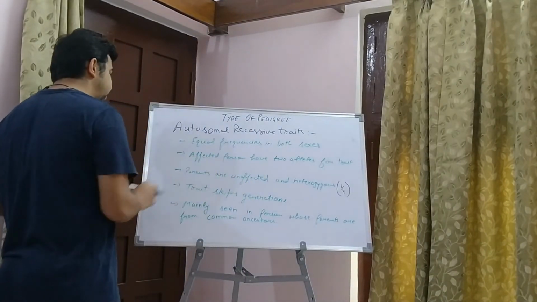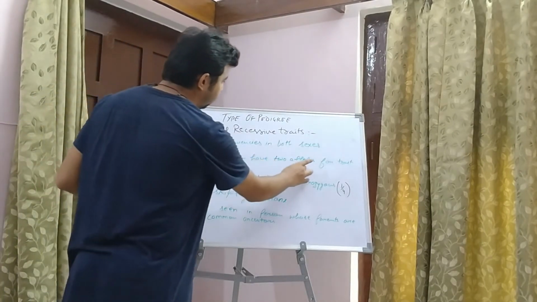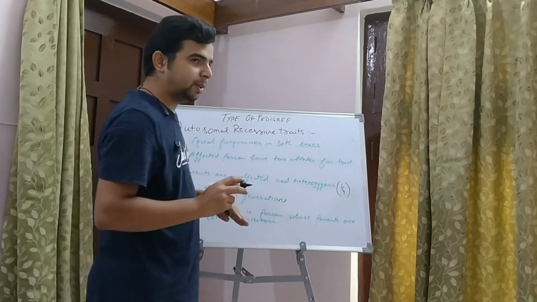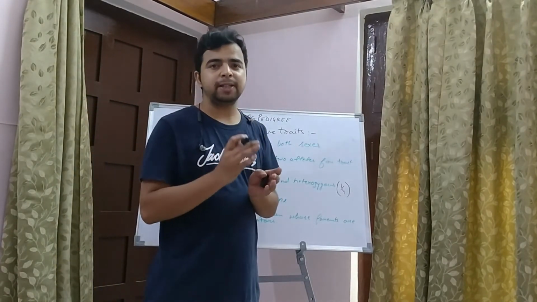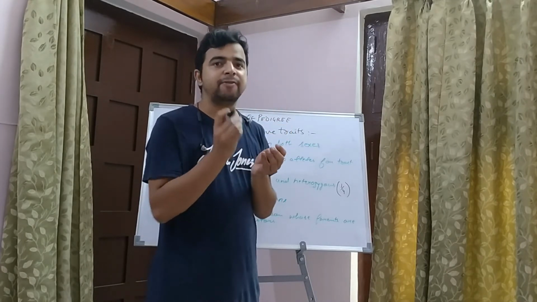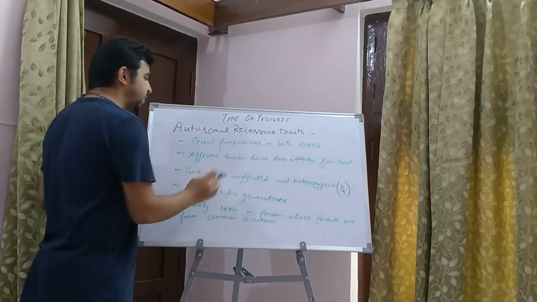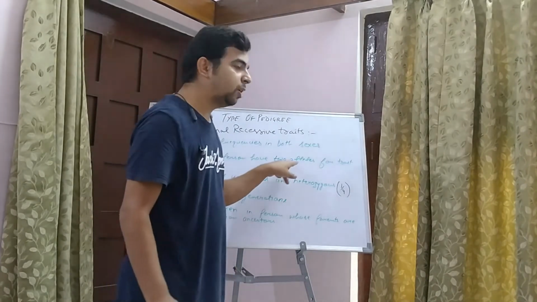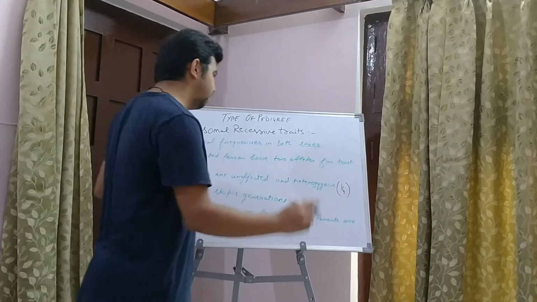Now the next point is that an affected person has two alleles for the trait, because we know that whenever a dominant trait is present, that trait will suppress the effect of the recessive one. So to show its character, the recessive type should have two alleles, that means two alleles of the same trait.